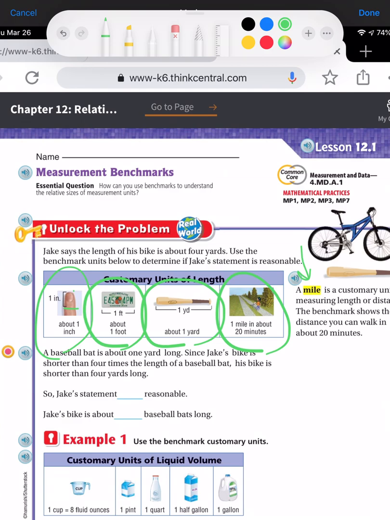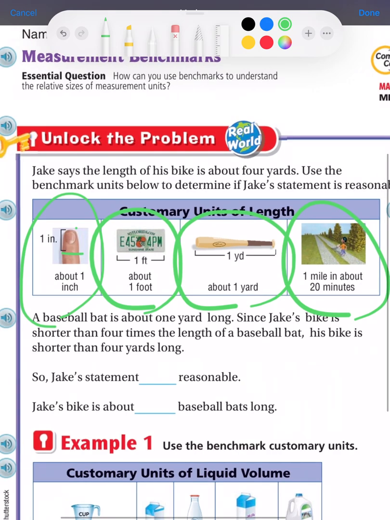So I think that Jake's statement is not reasonable, and maybe a good estimate might be that his bike is 2, maybe 3 baseball bats long. That's a good start.